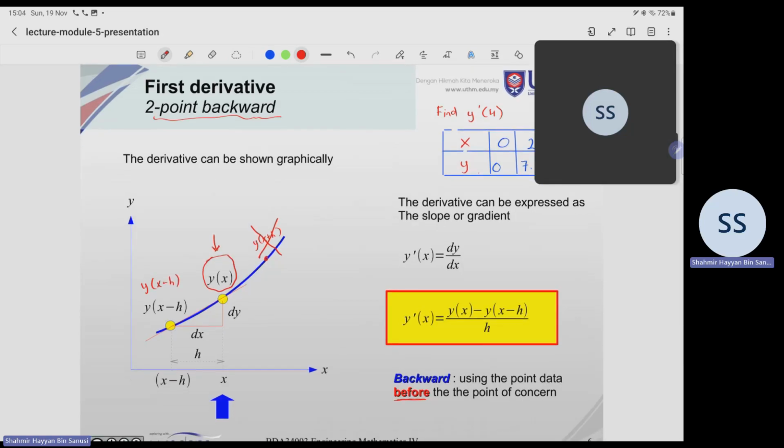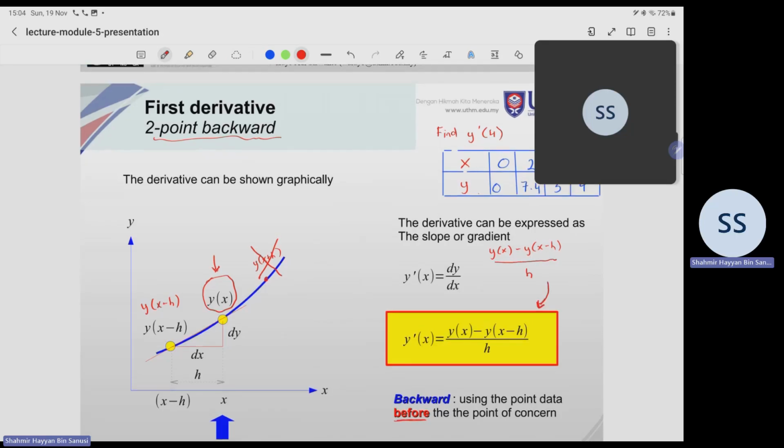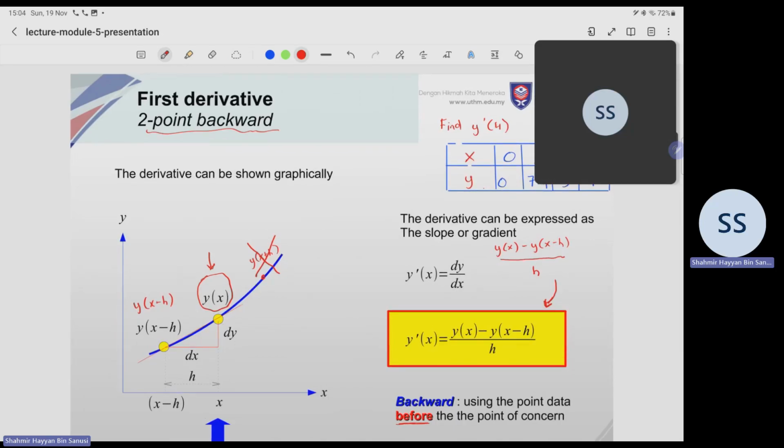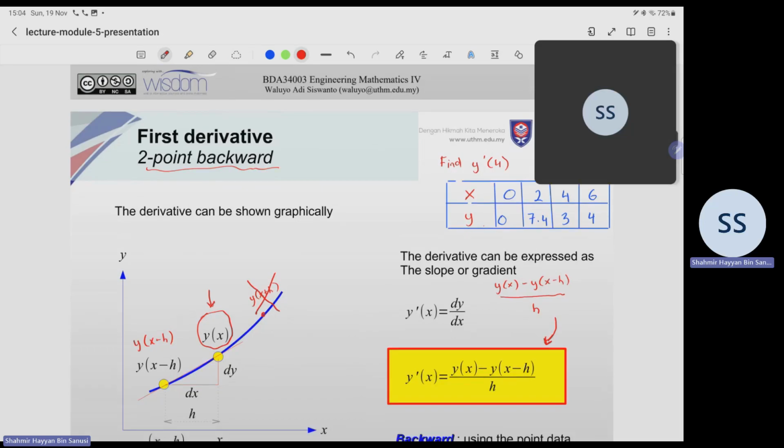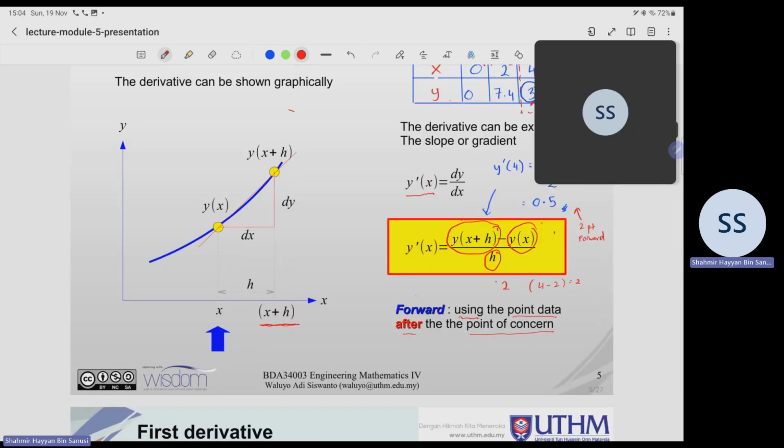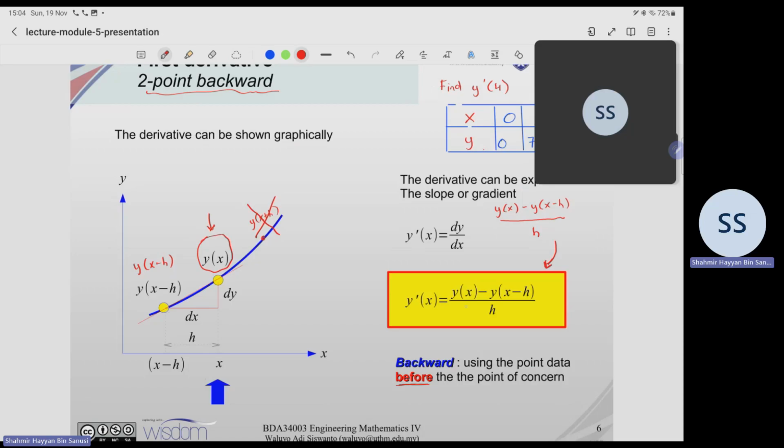The equation becomes y(x) minus y(x minus h) over h. This is the equation that can be used to find the first order derivative using 2-point backward. Look at the equation, it's a bit different from 2-point forward. For 2-point forward it is y(x plus h) minus y(x) over h, but for 2-point backward, it is y(x) minus y(x minus h) over h, in which we use the data before the point.